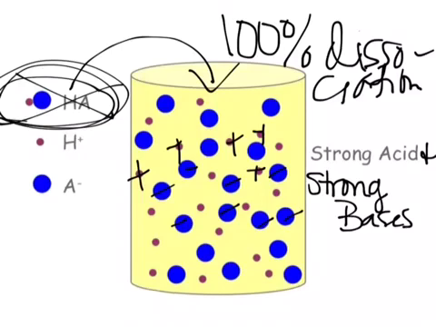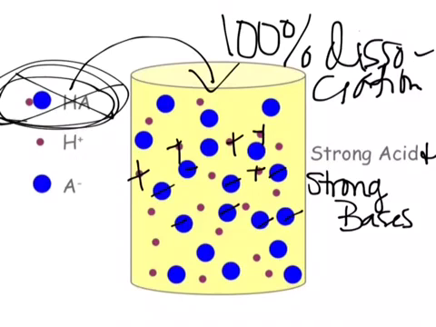What's the definition of a strong acid? Or how do you know a strong acid? Would this conduct electricity? Is there anything there to conduct electricity? What do we need to conduct electricity?